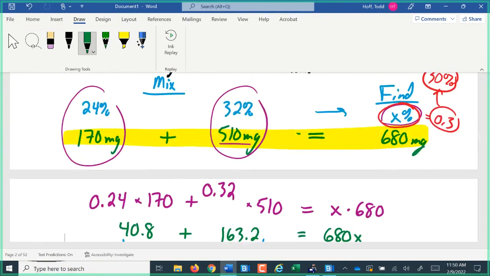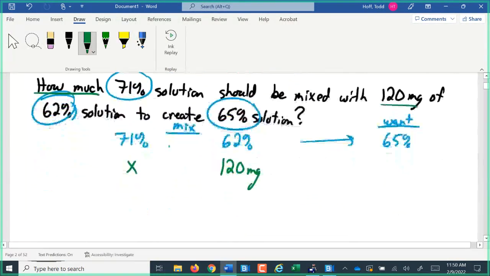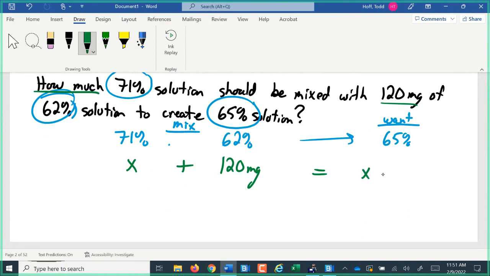Now, just like this last problem, the total amount is conserved. It adds up to a constant. Here we had the two numbers and we added them together to get the total. Down here, one of those values is missing, but we can still add them up to get a total. The total amount of solution, the 65% solution we're going to have, will be x plus 120.